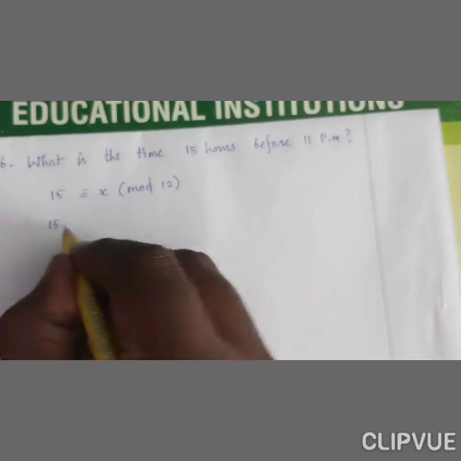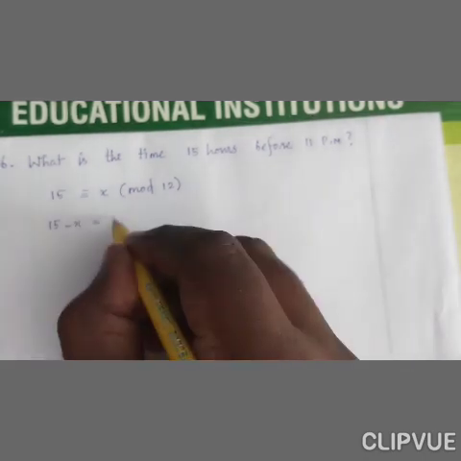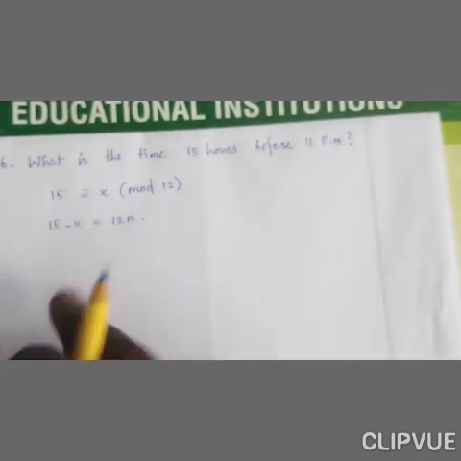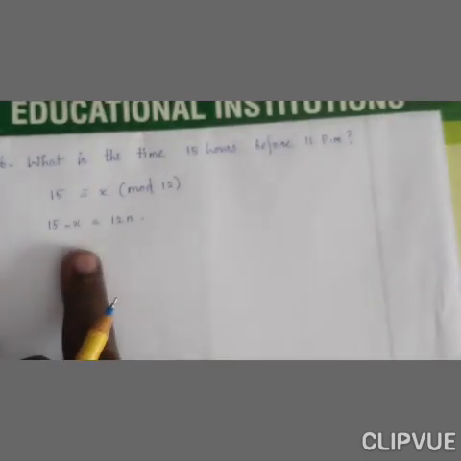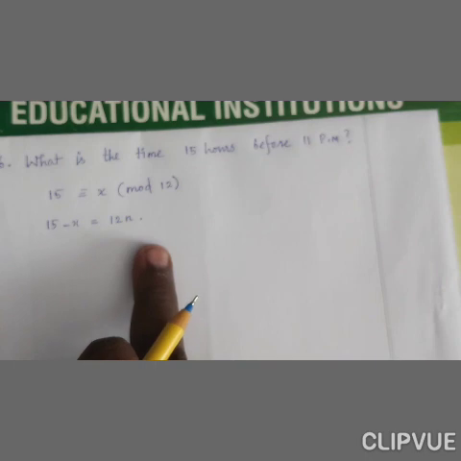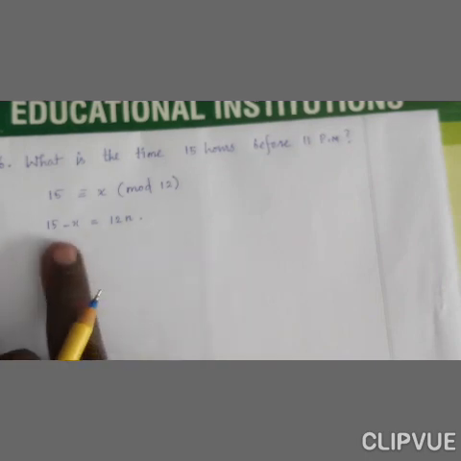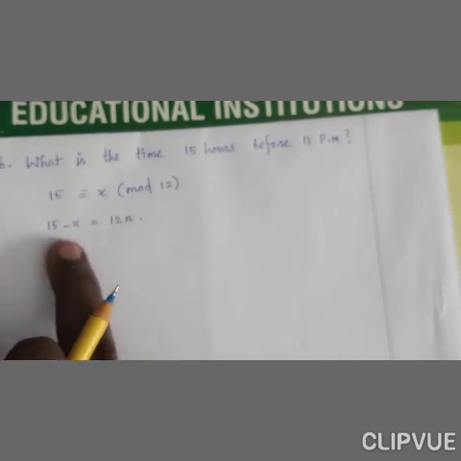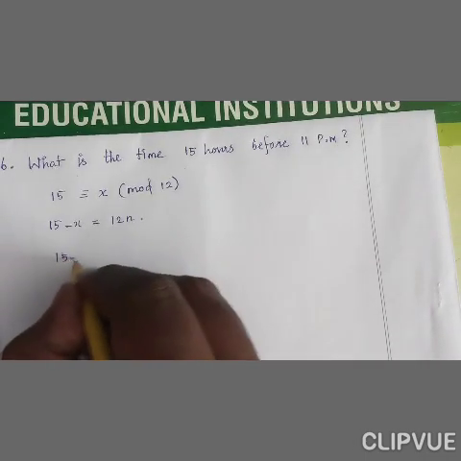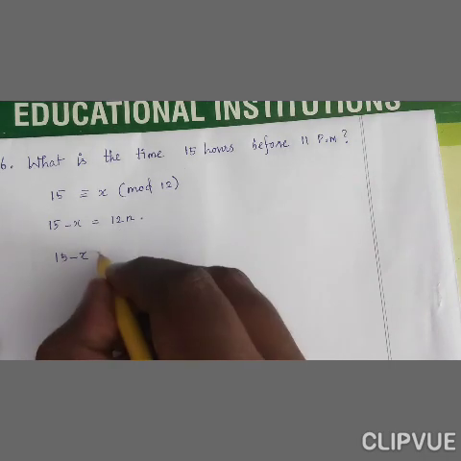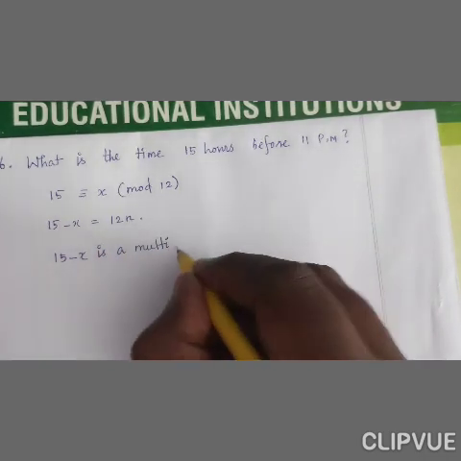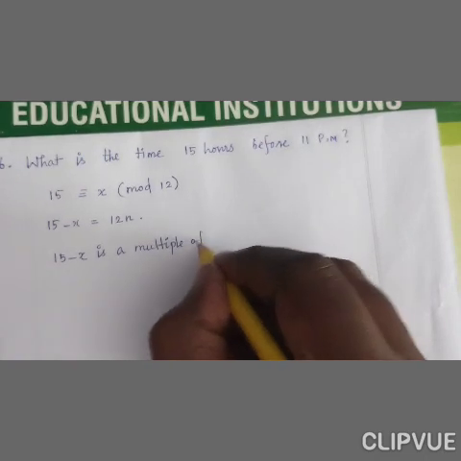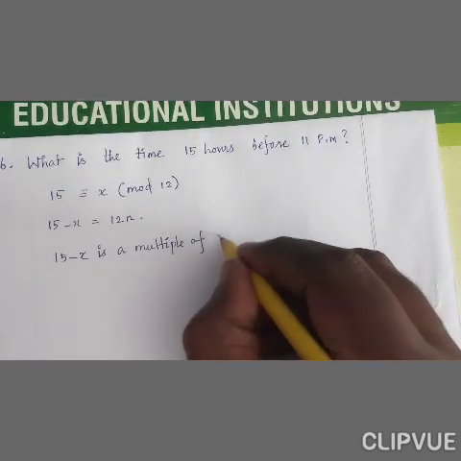So, 15 minus x is equal to 12n. So, 15 minus x is a multiple of 12.